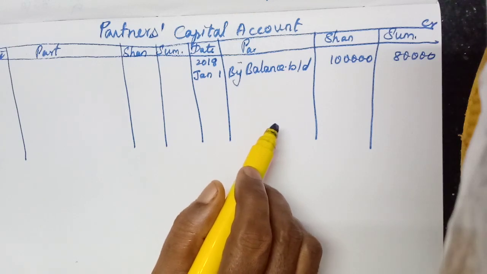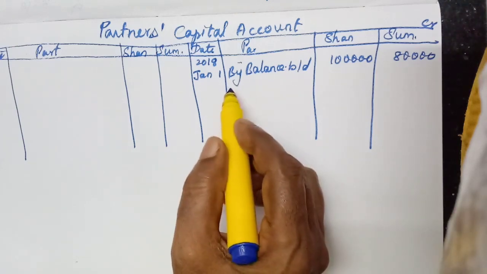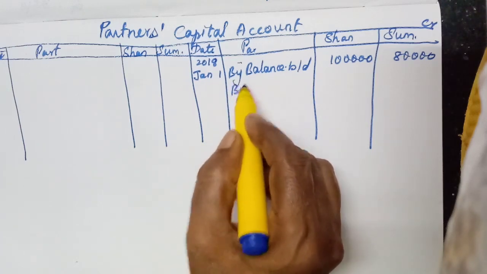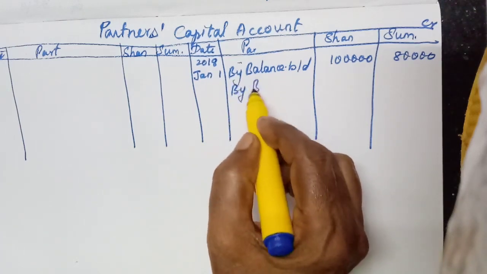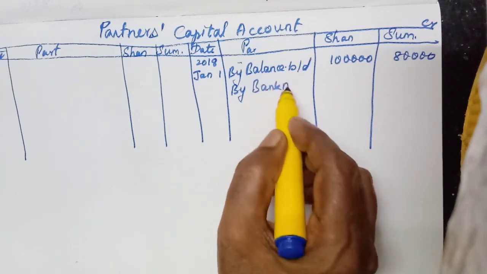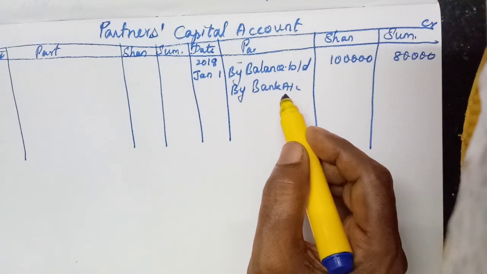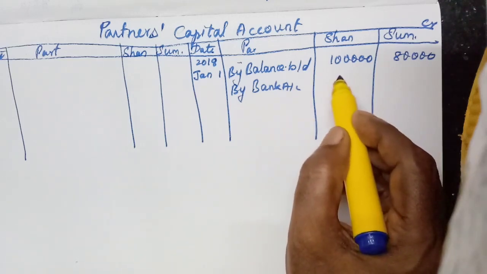Then additional capital introduced. That we can take either by bank or cash. By bank account, in bracket you can write additional capital or leave it, 10,000, 20,000.